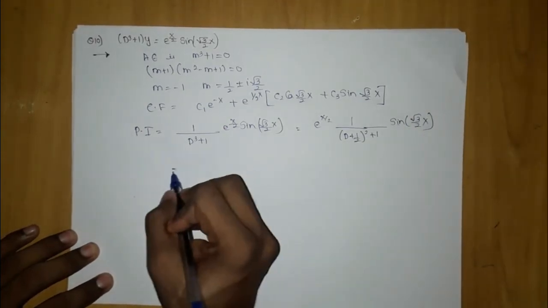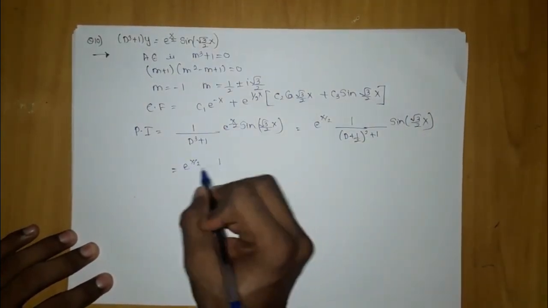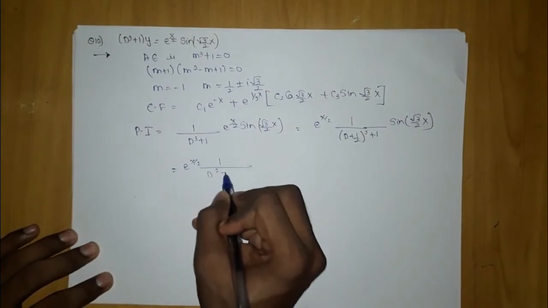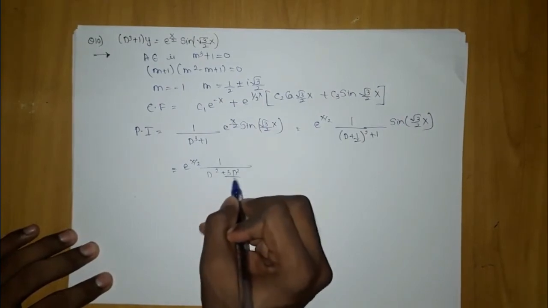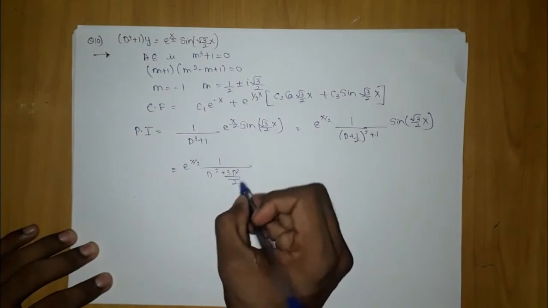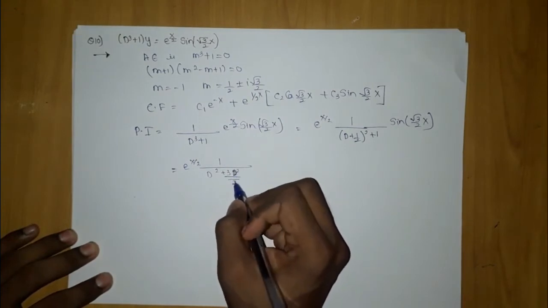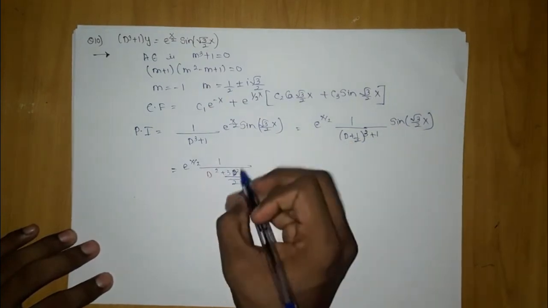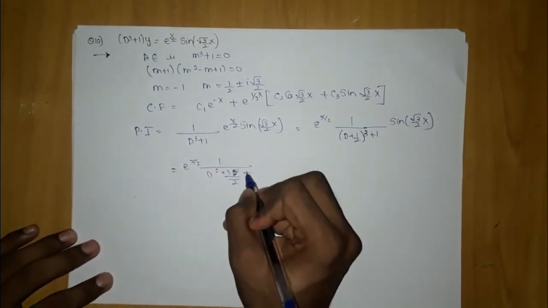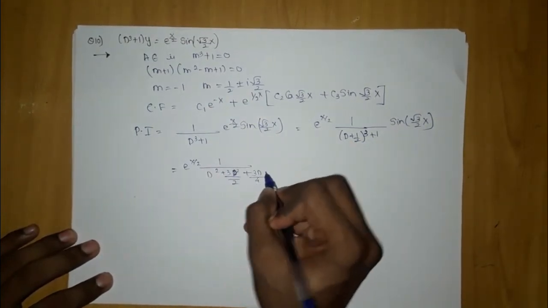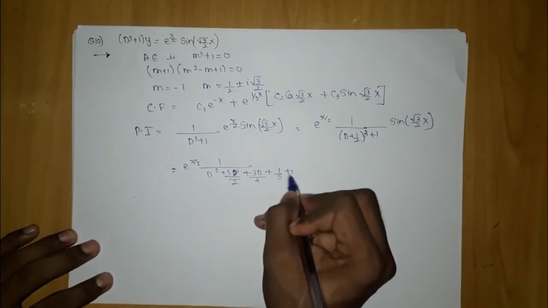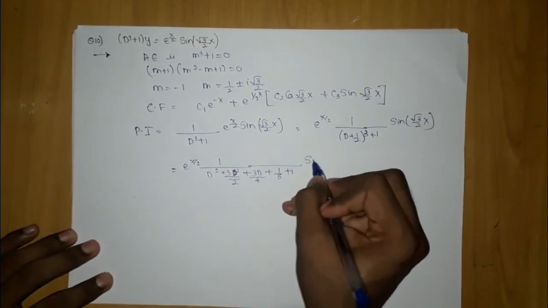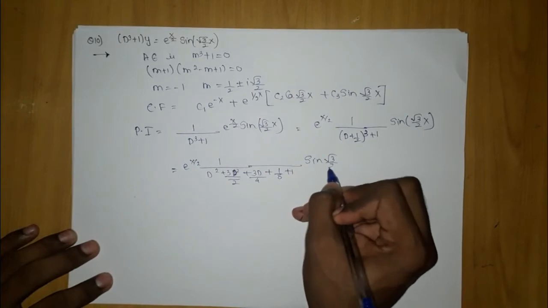After this, if we open this, e to the power x by 2, 1 by (D cube plus 3 by 2 D square plus 3 by 4 D plus 1 by 8 plus 1) into sin root 3 by 2 x.